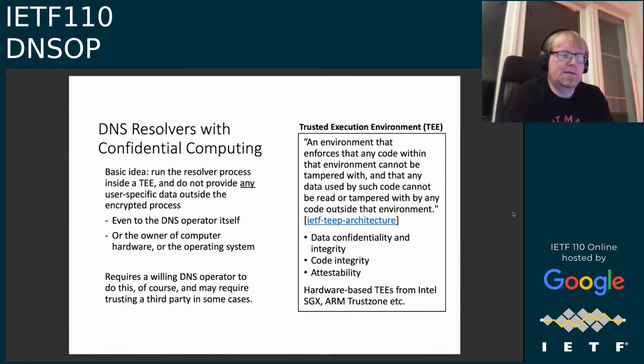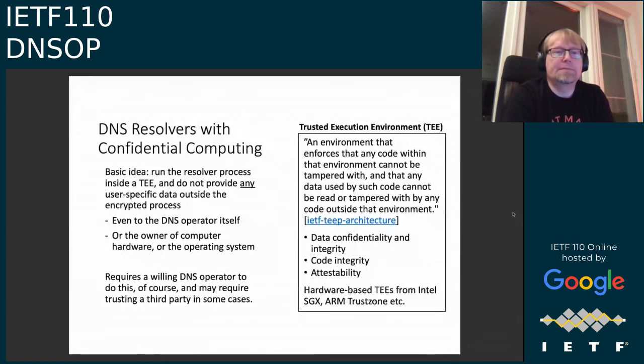And depending a little bit on how you do this, you might also need to trust a third party for some aspects with regards to, is this a CPU that's using some of these technologies, and did we manufacture that CPU, and what is a good software image that is trustworthy, and so on. But you don't absolutely have to do that unless you really want to.